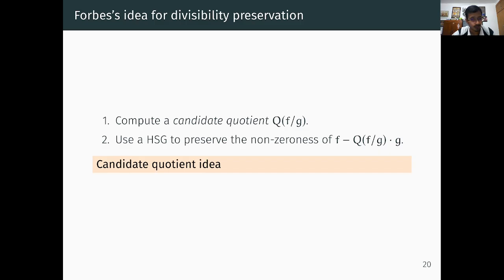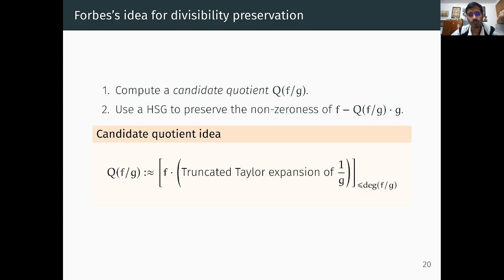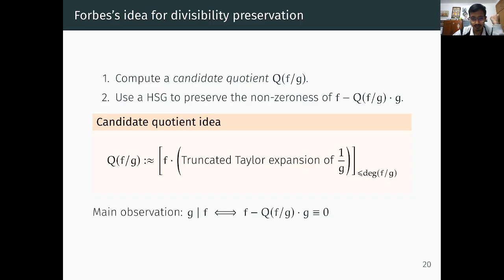So what does the candidate quotient look like? In some sense, we are trying to get a handle on F divided by G. So you can try and look at an approximation of 1 by G in the polynomial world. A very natural way to do this is by looking at a truncated Taylor expansion of 1 by G. You need to be careful about this because a Taylor expansion might not work.